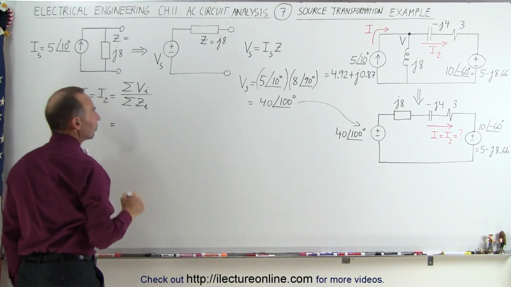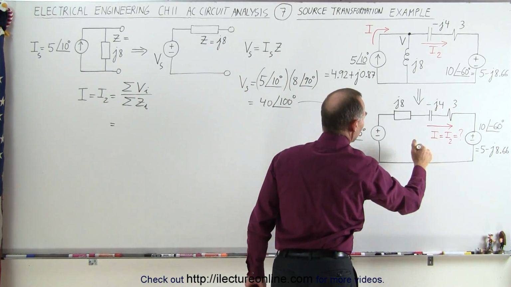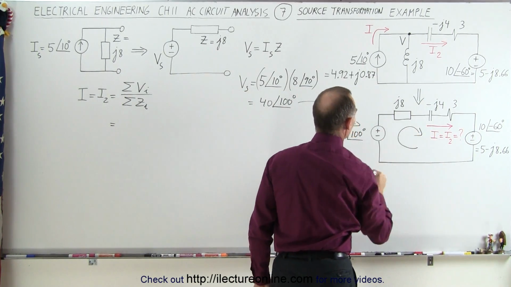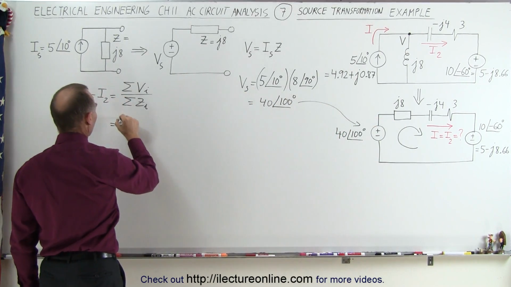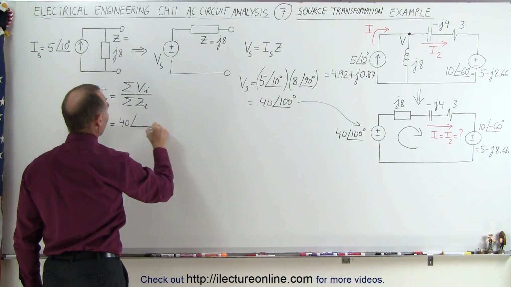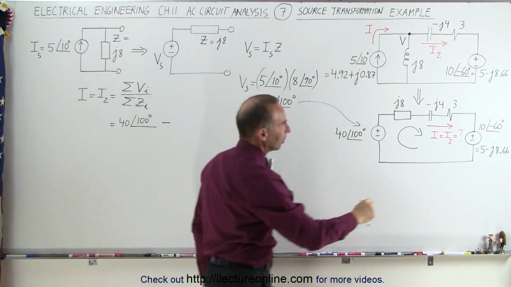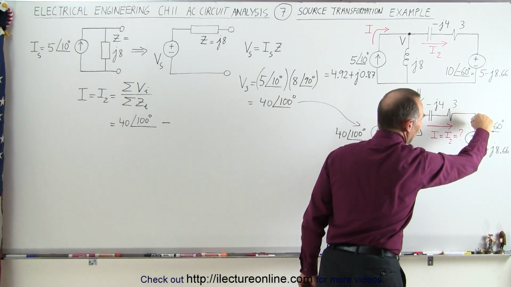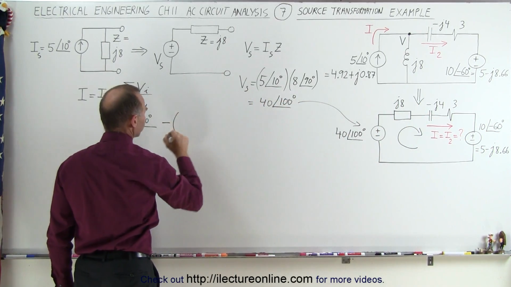So this becomes equal to, if we go around the loop in this direction, an addition of this voltage, a plus 40 volts with a phase angle of 100 degrees, and then we subtract from that the voltage over here because we go from the positive to negative terminal, so it's going to be minus.